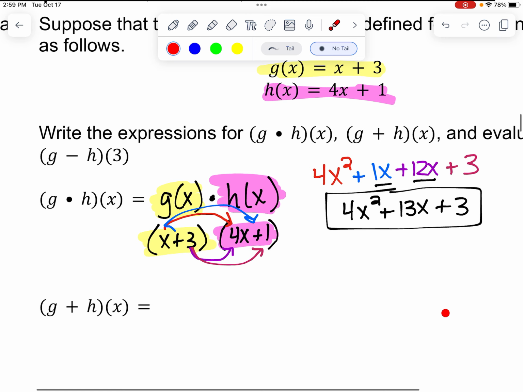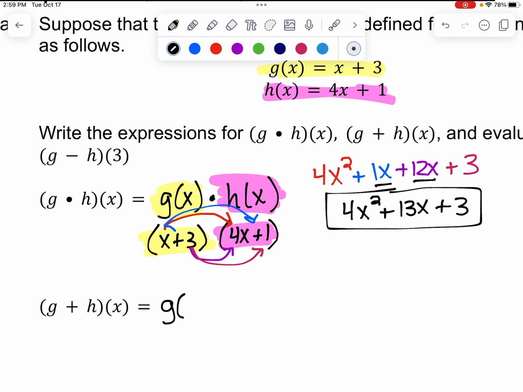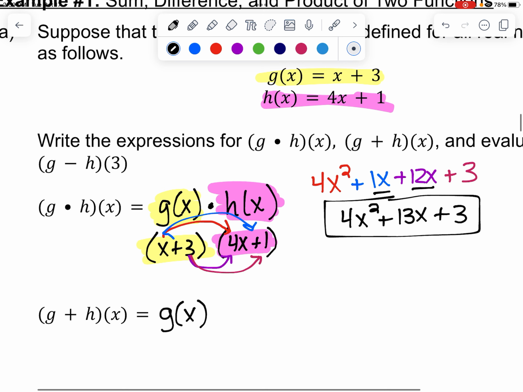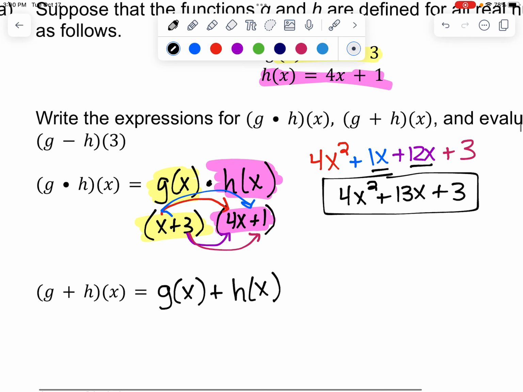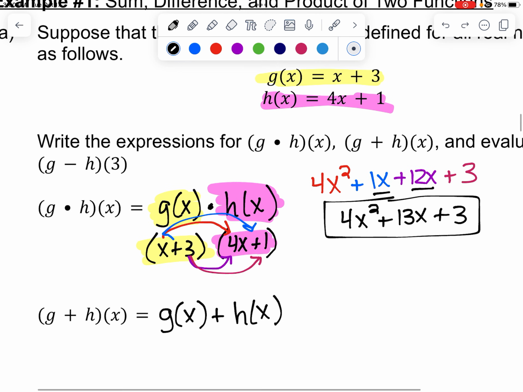Okay. The next one, we want g plus h of x. So this is going to be taking g of x and adding it to h of x. Again, g of x is going to be x plus 3. And h of x is going to be 4x plus 1.